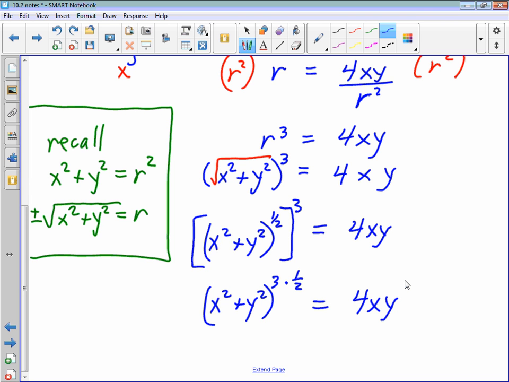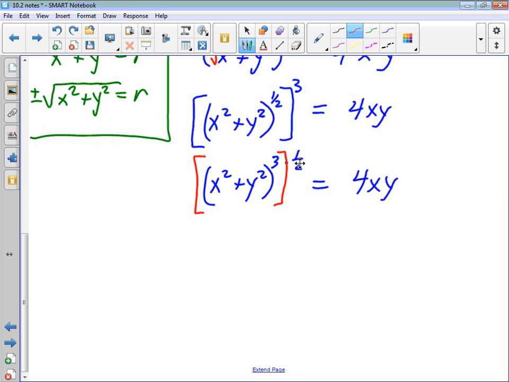I'm doing this on purpose. I know it seems like a long, crazy run, but I've got to believe this in the end will make it more accessible. So now I'm going to bring these back in like this. Because if I can say 1/2 times 3, I can also say 3 times 1/2. So now this is the quantity x squared plus y squared to the third power, or cubed, to the 1/2 power, which is also square root.